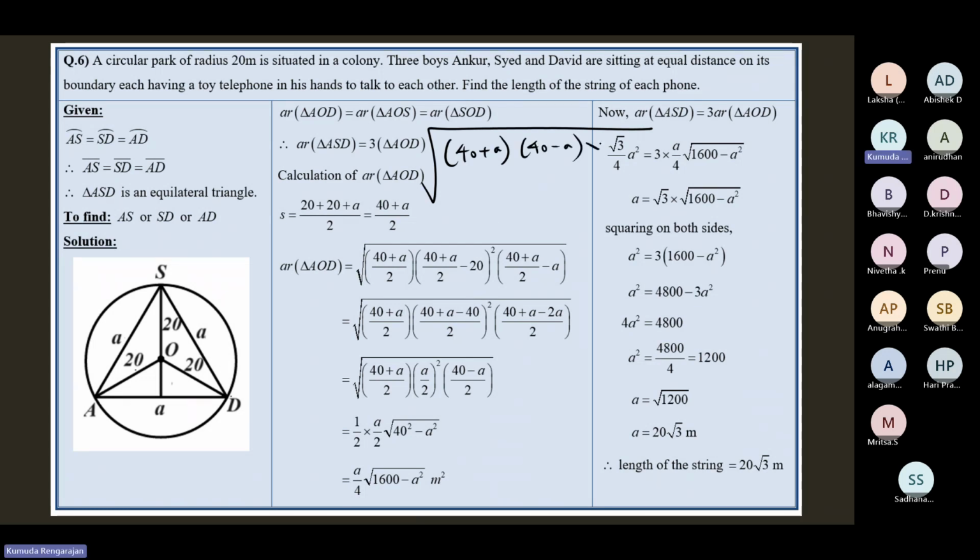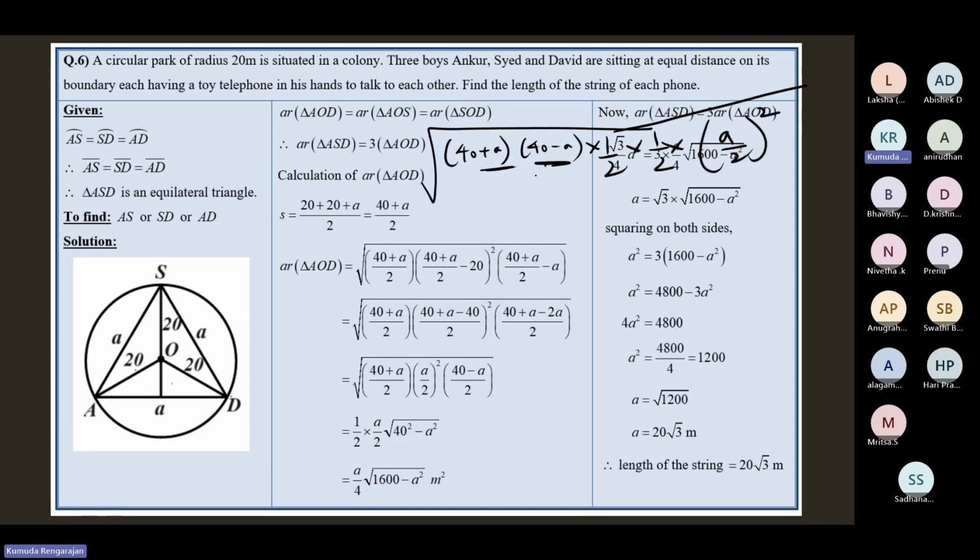So it's like into 1 by 2 into 1 by 2. And then we have into A by 2 the whole square. It's a product, no? So you can look at everything separately. 40 plus A and 40 minus A we have in the numerator.